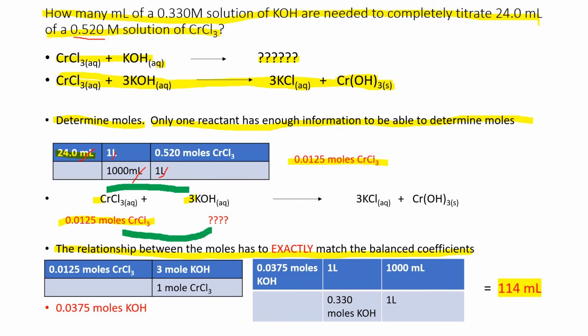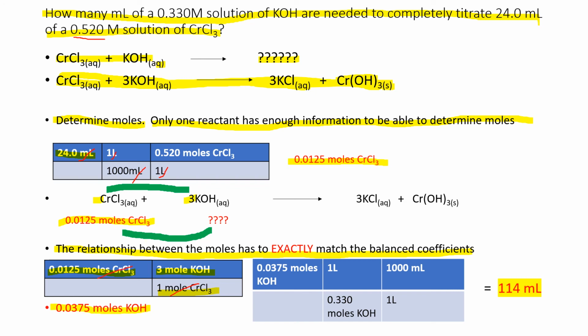Even if you couldn't do this in your head, and that's fine, just do a one-step conversion. Here's how much CrCl3 I have, 0.0125 moles. What's the relationship? 3 to 1. Make sure your units are canceling. Our CrCl3 moles will cancel. We're left with moles of KOH. What did you get? You would end up with 0.0375 moles of the KOH.